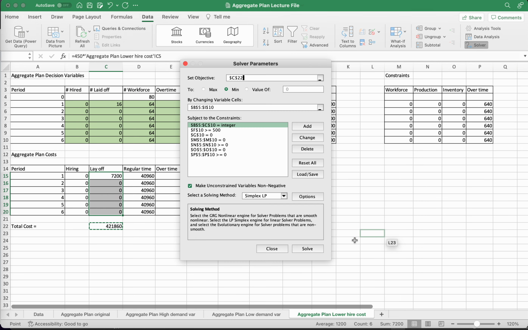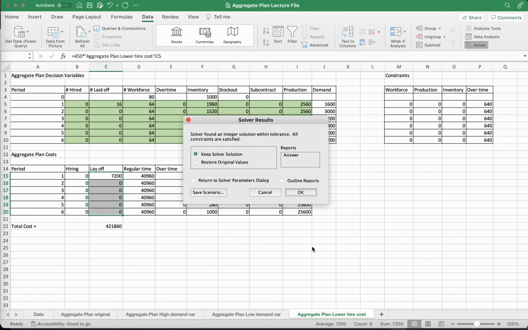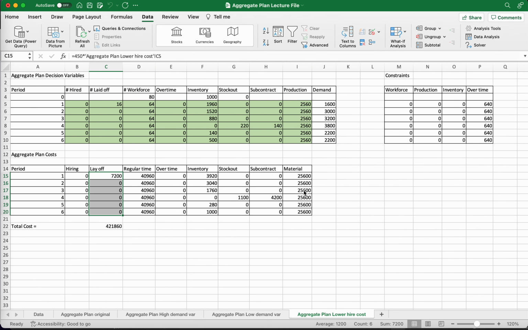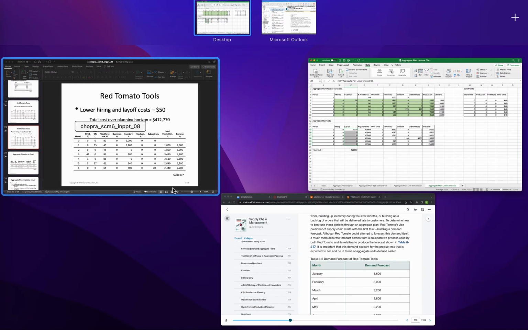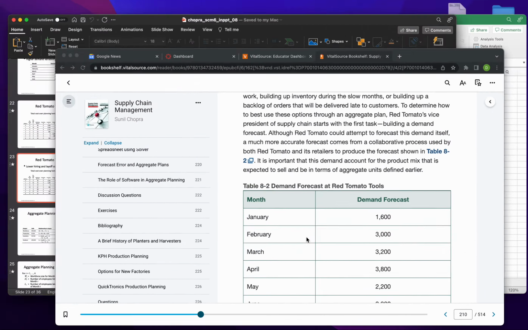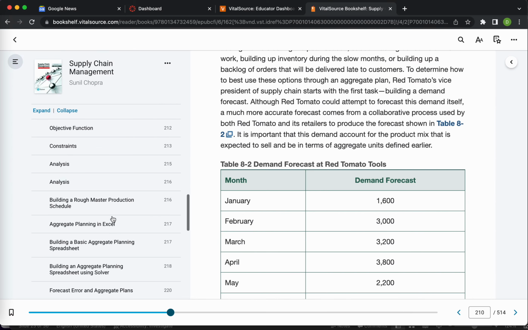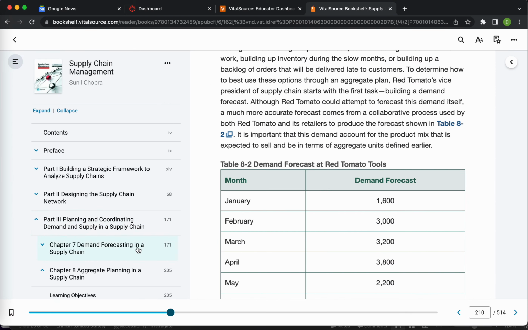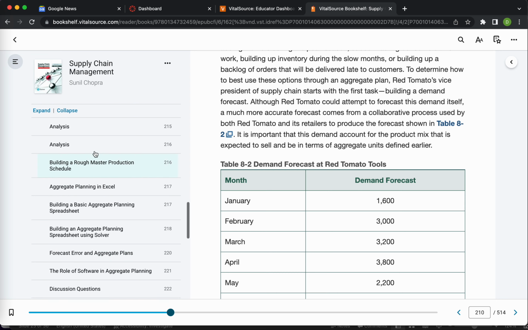Now let's solve the problem. They're both lower by $50. Lower hiring and layoff cost. Oh, I guess the textbook is going to make them equal to $50. I just want to follow what's in the textbook, if I remember correctly.